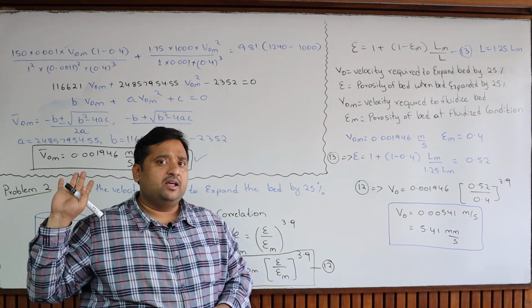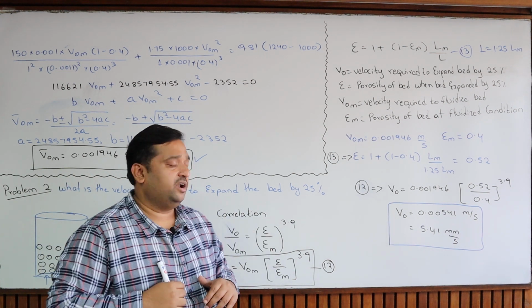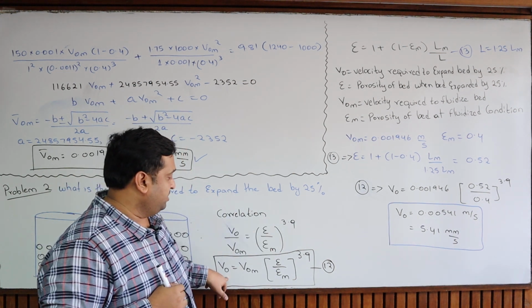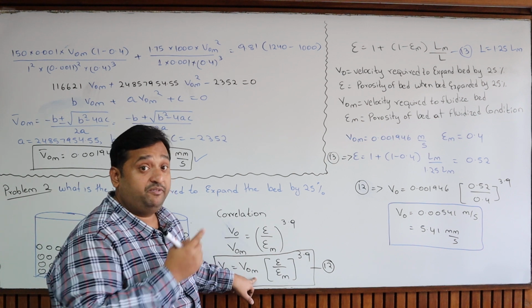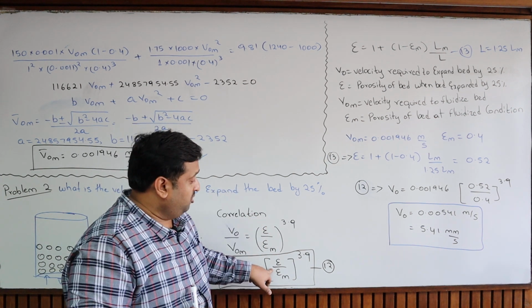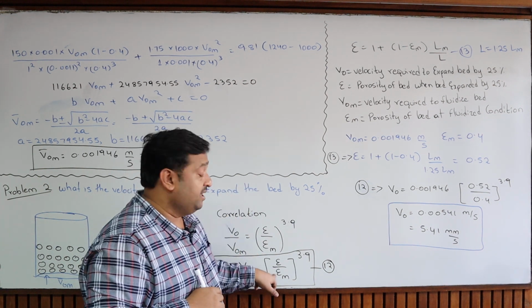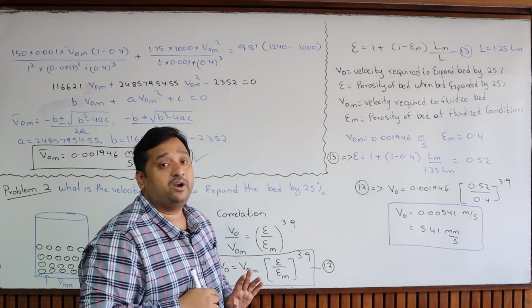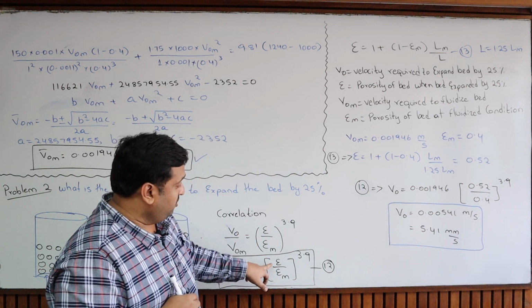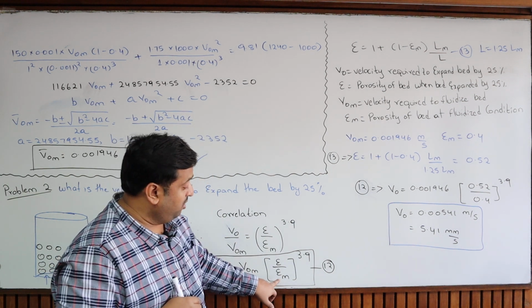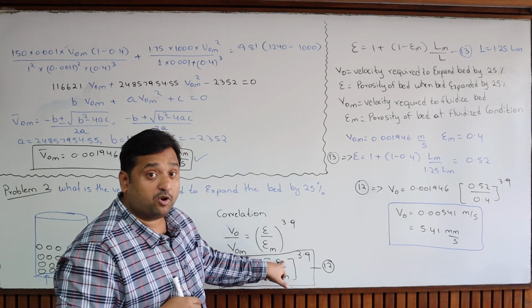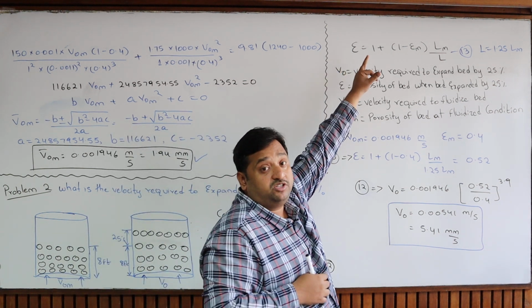Epsilon m is the given porosity at minimum fluidization condition. You have to use the expression V0 is equal to the minimum fluidization velocity, which you have already found, into epsilon, the new porosity, divided by the minimum fluidization porosity, power 3.9. If you know V0m and epsilon m, you don't know the new porosity.